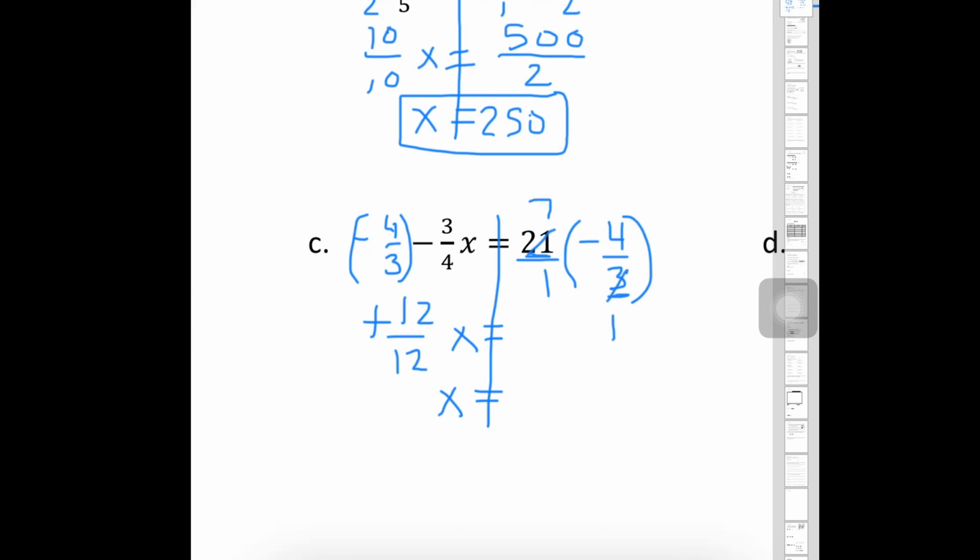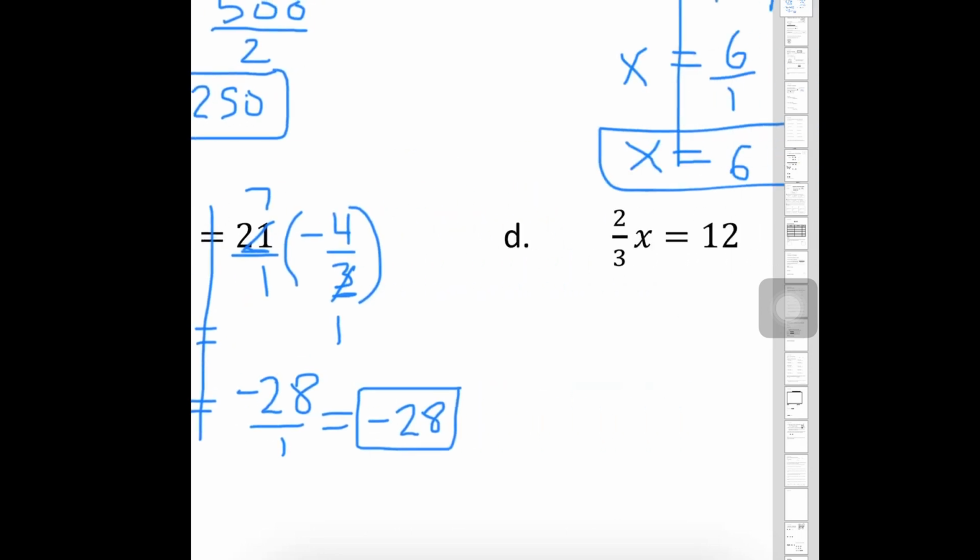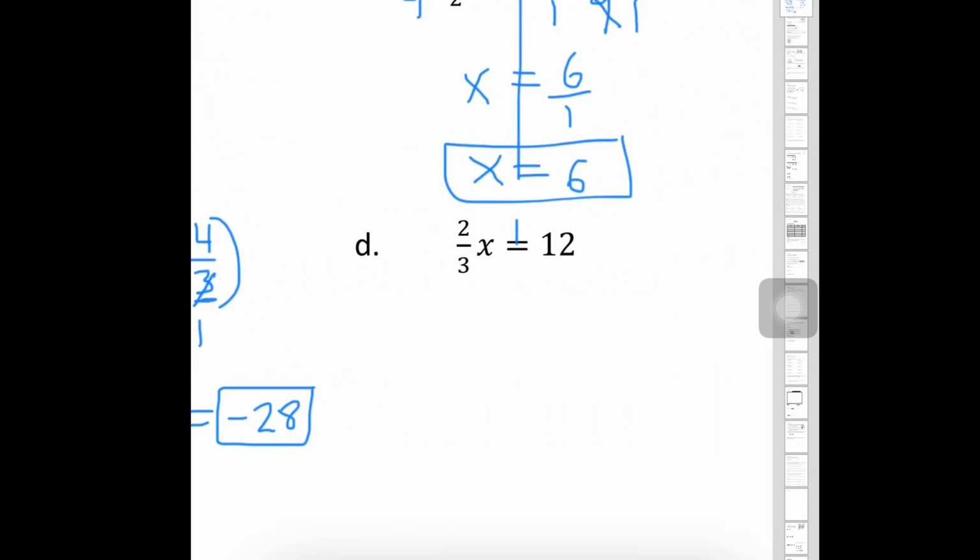So 3 divided by 3 is 1. 21 divided by 3 is 7. I like to figure out my signs first so I don't forget them at the end. A positive times a negative, we are going to have a negative answer. And we're left with 7 times 4 in the numerator, 28. And we're left with 1 times 1 in the denominator. And anything over 1 is just itself. So we end up with -28 is our value for x.